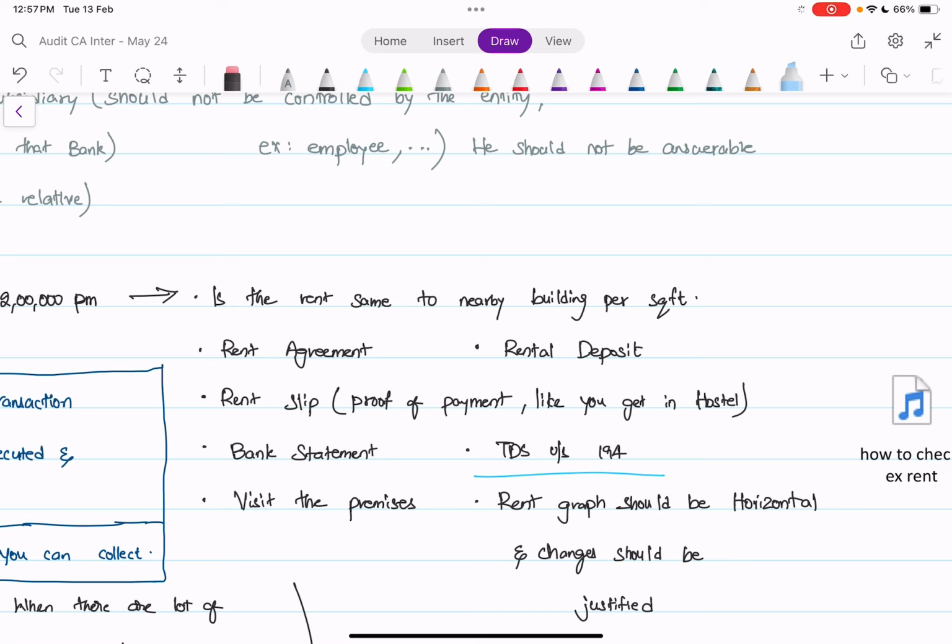And what is your way of checking that rent? You would visualize it. The company or organization is in need of rental premises, so it would ask for quotations. That's step one. You will get the reply. Next, the company management would visit the premises.